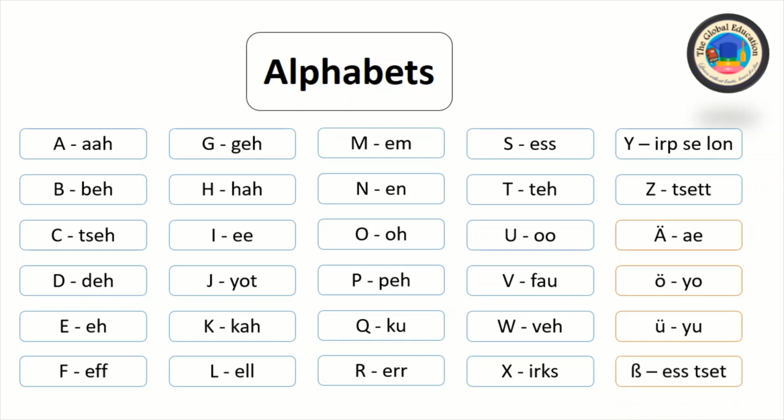And beta, which in German is S T Z, pronounced HZ. So: A with umlaut, O with umlaut, U with umlaut, and beta.